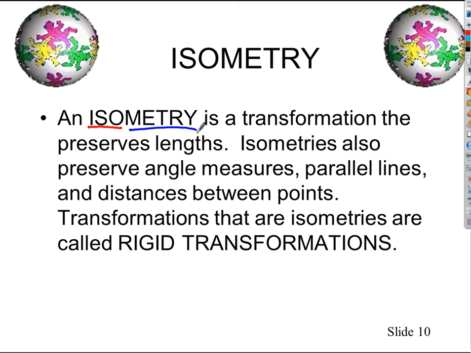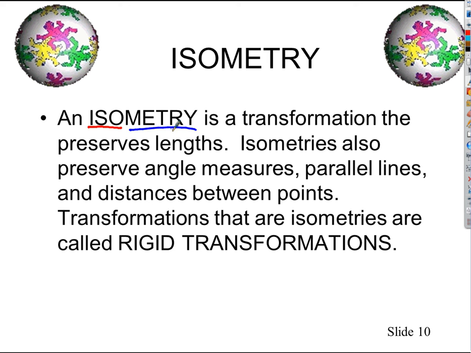So iso means same. If you were to look at a weather map, what do they call those things? Isobaric maps, because they have all these little circles that show places where the pressures are the same. Right? It means same pressure, isobaric. We could think of all kinds of examples like that, but iso means same.